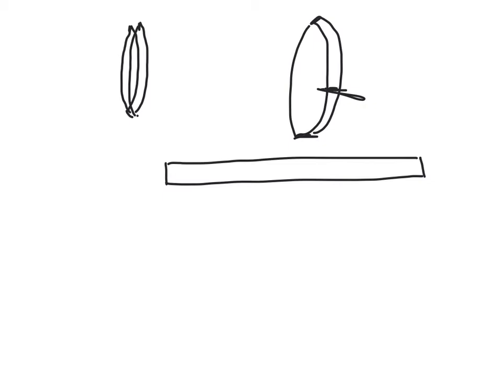Now, to find the area of this slice, the area of this rectangle is simply length times width, but how does that length and width relate to where that slice came from?